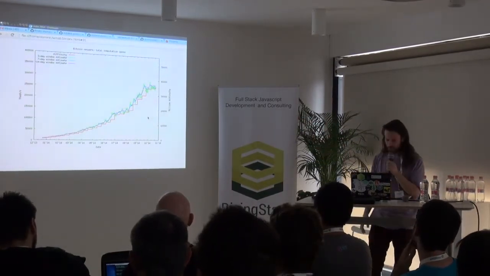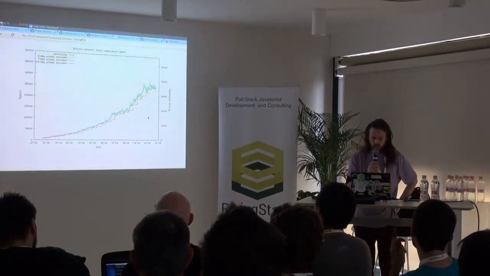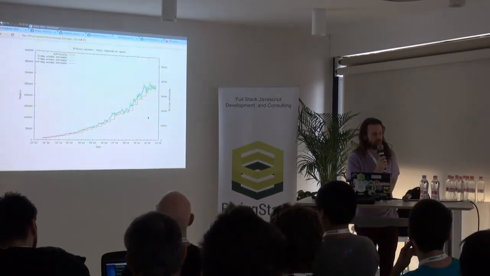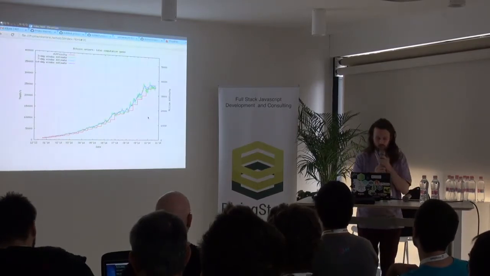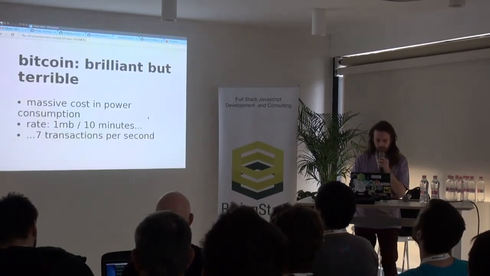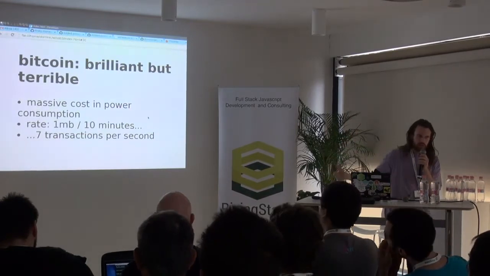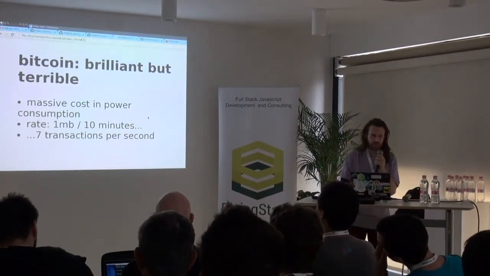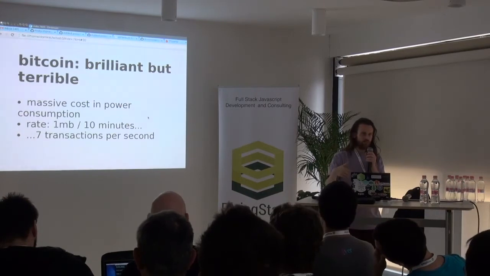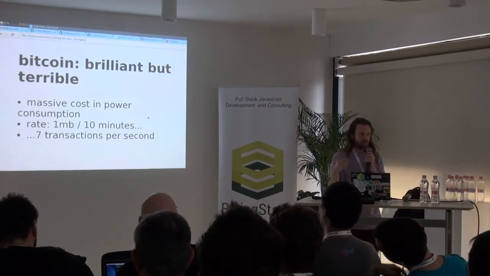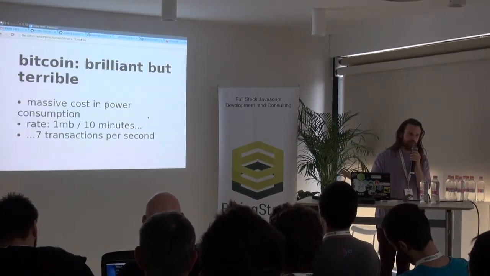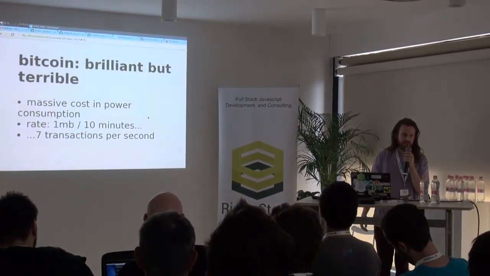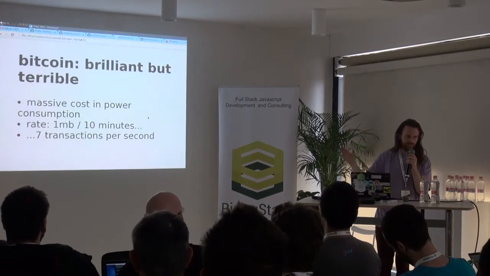I was in Iceland recently, and I found out that actually 10% of the Bitcoin in the world is mined in Iceland. And Iceland's really good for this because you have a lot of cheap hydro and geothermal power, and you can passively cool your data centers. You just open the window, and you save a lot on air conditioning.